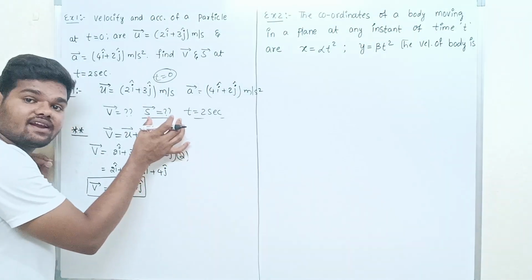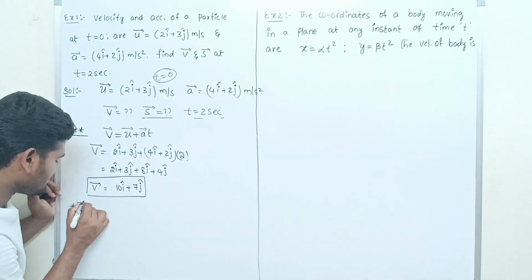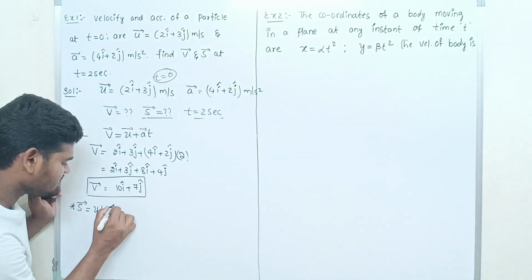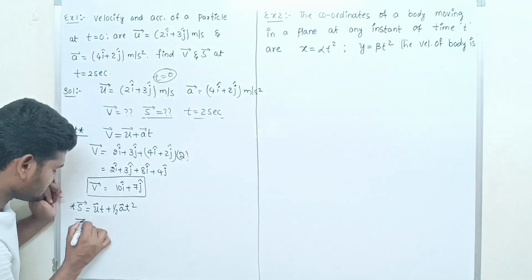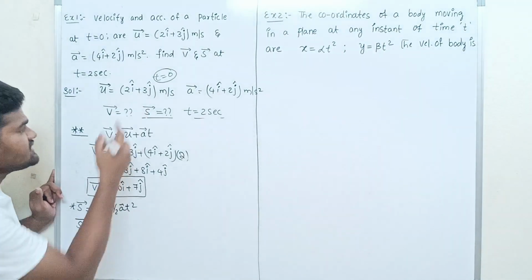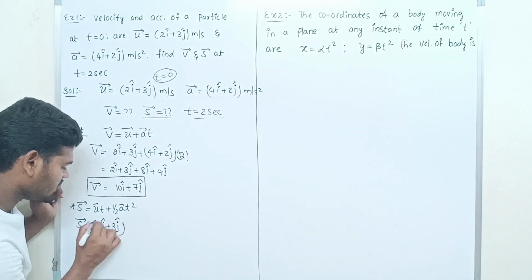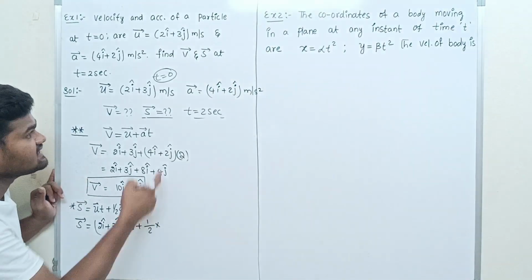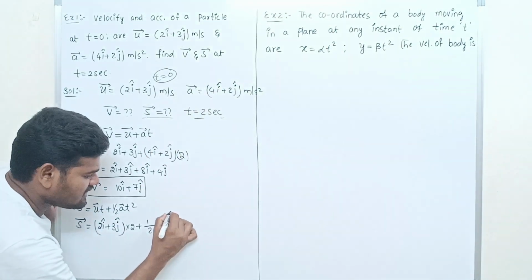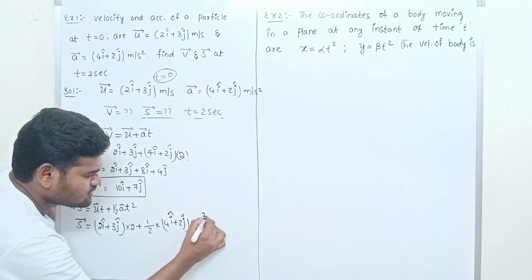Right. Next, what we have to find? We have to find displacement. So the displacement equation: S bar is equal to ut plus half at square. These are vectors. So S bar is equal to u, which is 2 i cap plus 3 j cap, into time 2 seconds, plus half into acceleration 4 i cap plus 2 j cap, into time square, 2 square.